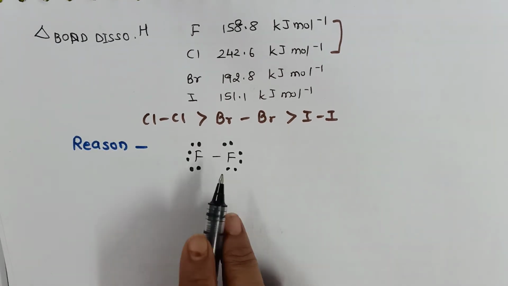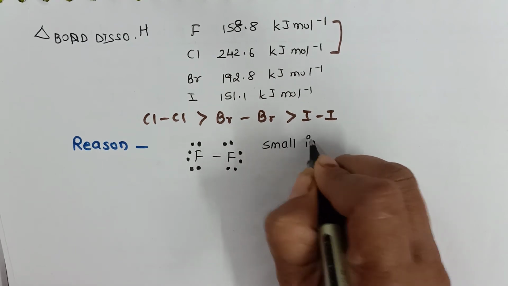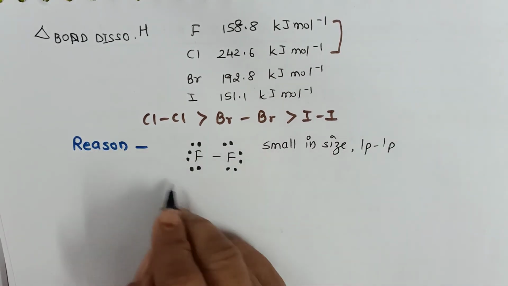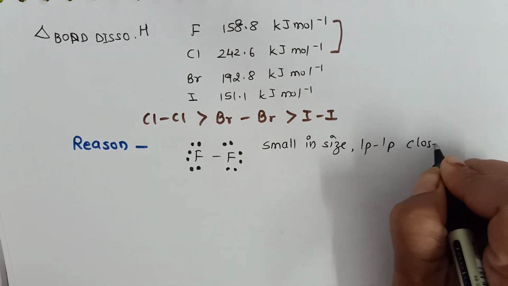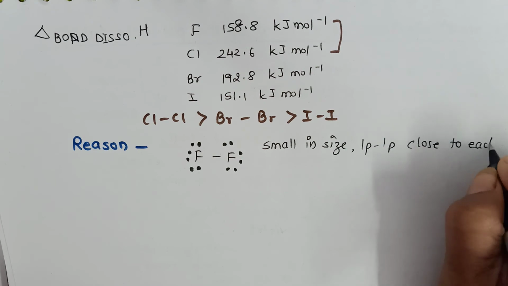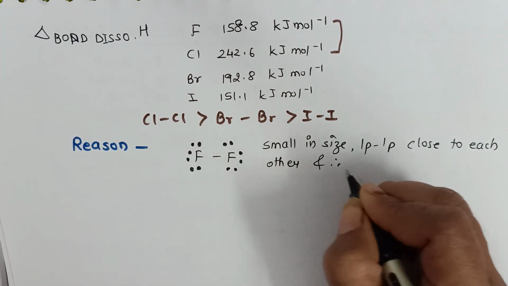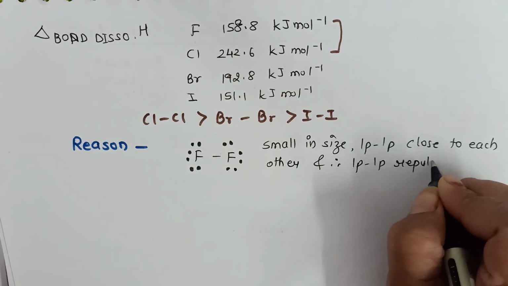The reason lies in the structure of fluorine. Fluorine being small in size, there are so many lone pairs, and they lie close to each other. And therefore lone pair repulsion is quite high.